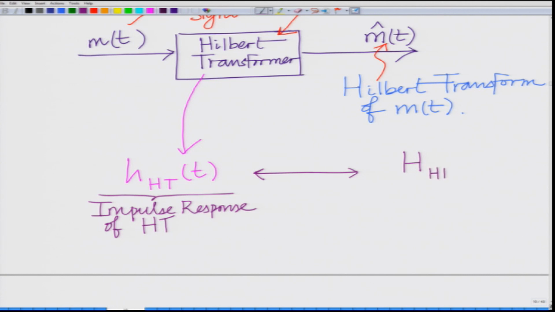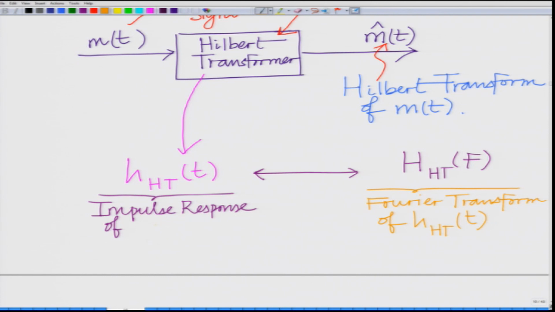Let us denote that by H_HT(f), that is the Fourier transform of the impulse response h_HT(t) of the Hilbert transformer, which we are abbreviating using the acronym HT.